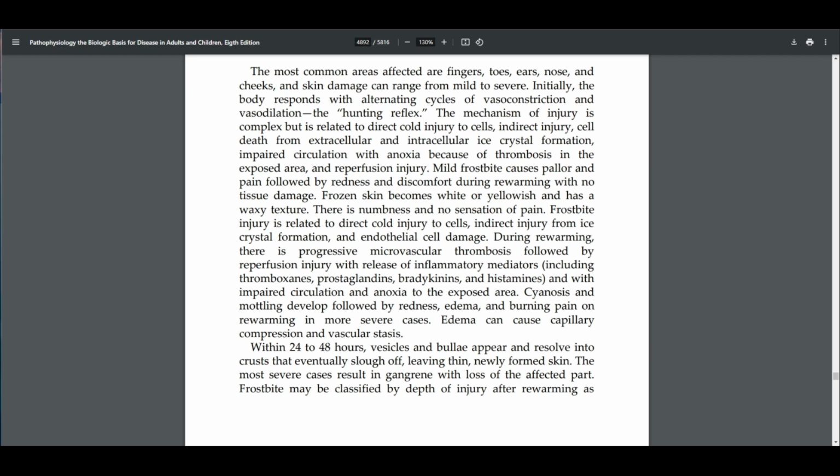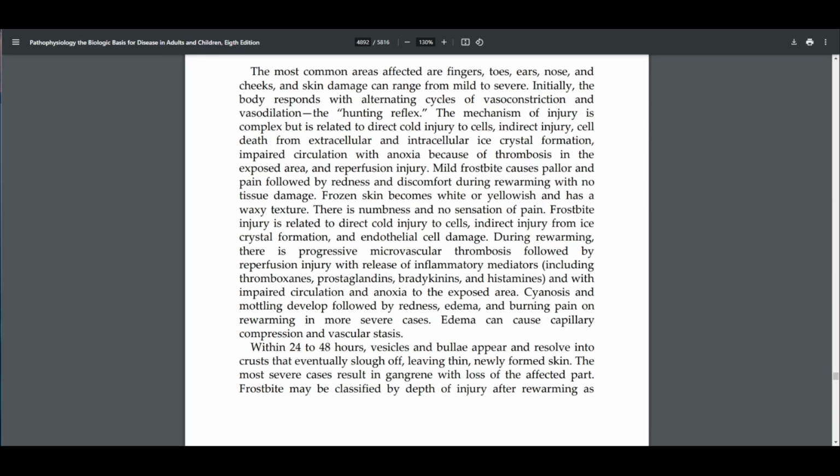Frostbite injury is related to direct cold injury to cells, indirect injury from ice crystal formation, and endothelial cell damage. During rewarming, there is progressive microvascular thrombosis, followed by reperfusion injury with release of inflammatory mediators, and with impaired circulation and anoxia to the exposed area.